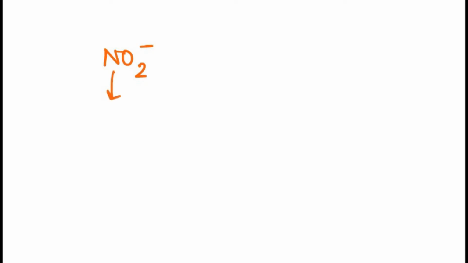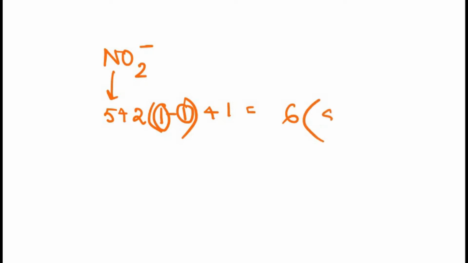It should be central atom has 5 valence electrons plus 2 into 2 oxygen, each having 1 sigma and 1 pi. So for sigma it is plus 1 and for pi it is minus 1 plus 1 negatively charged electron. So this should be 6, which is a planar structure. So the trigonal planar. So the hybridization would be sp2.